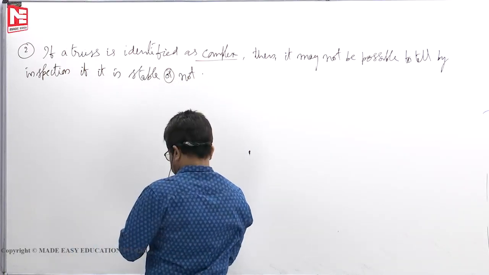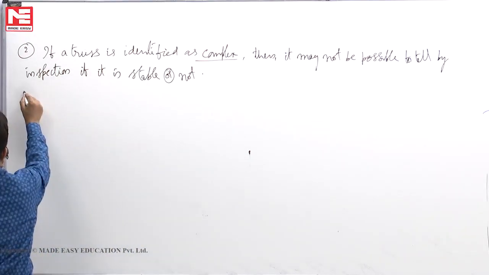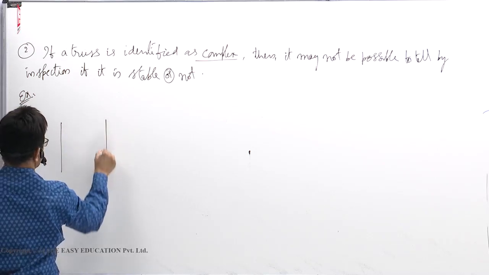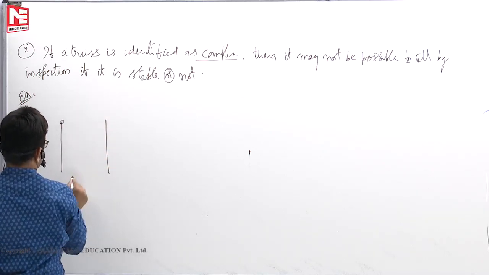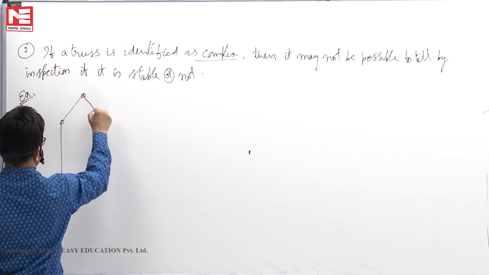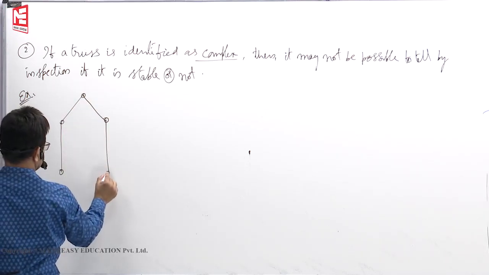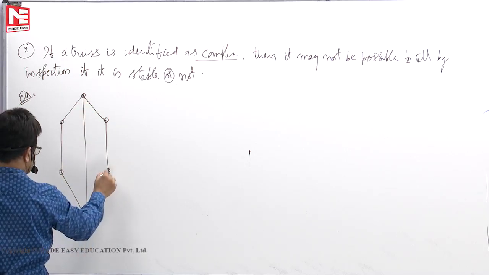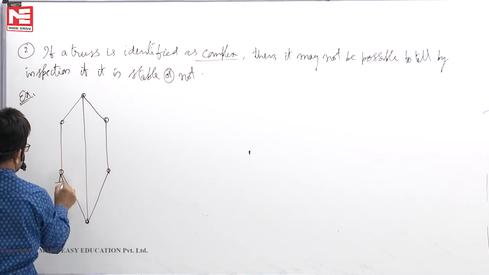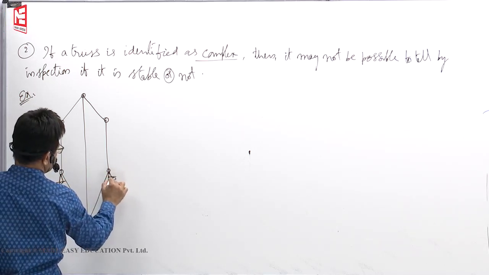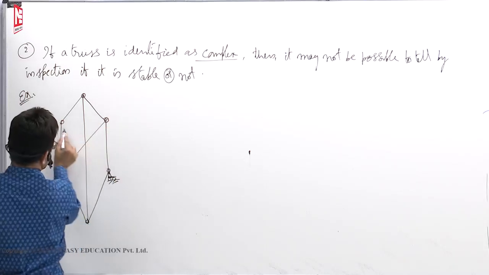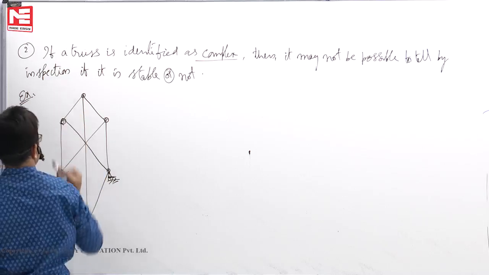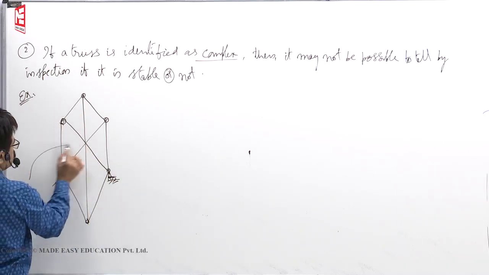In the earlier example, this is what I gave you. This is a hinge, roller. Connect it like this. This also should go through this one only. No joint here.